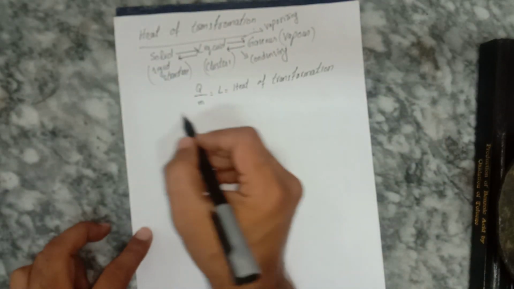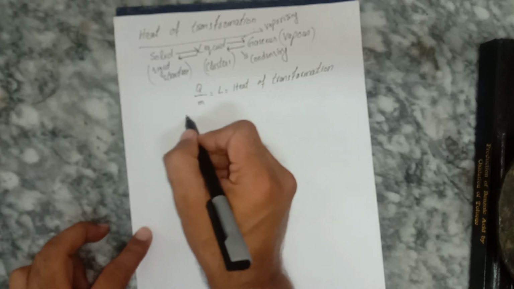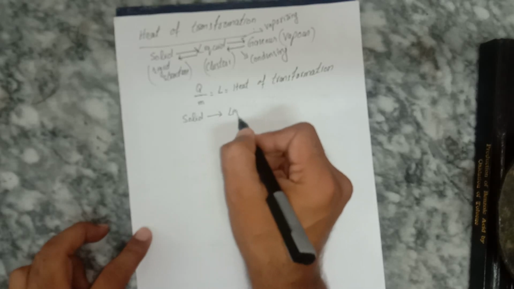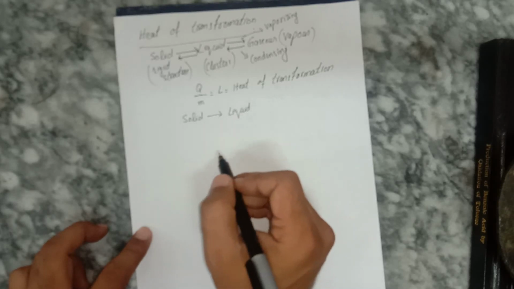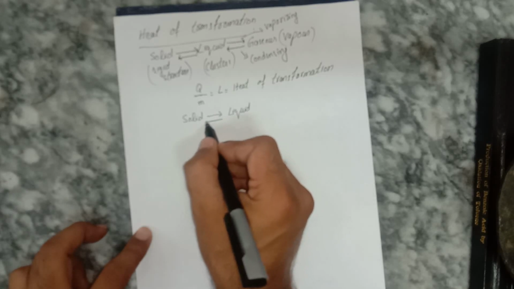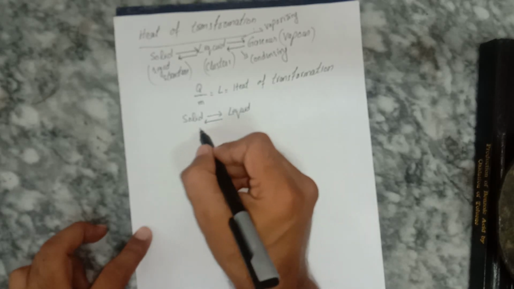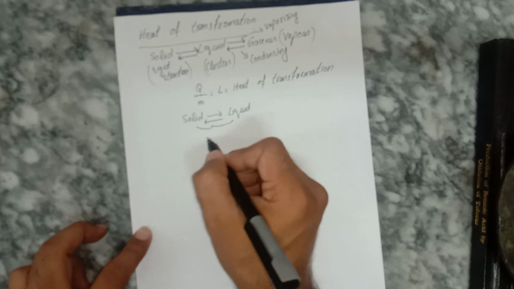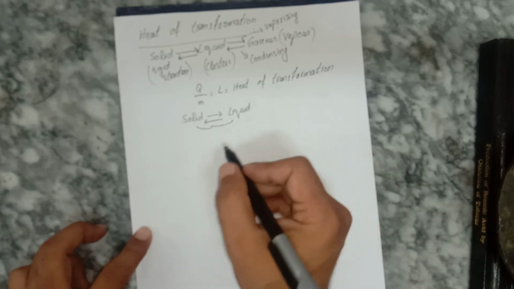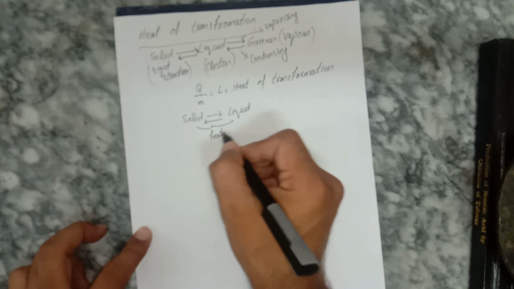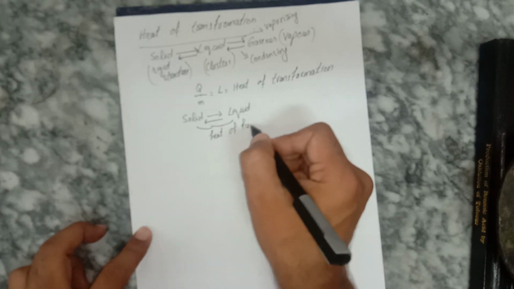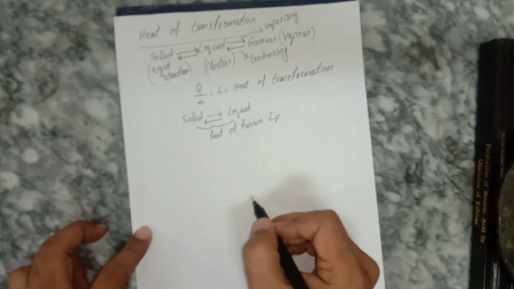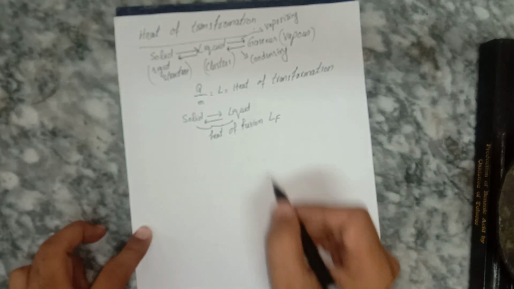When this transformation is from solid to liquid, we have to add heat energy, or it is from liquid to solid. This is known as heat of fusion, and it is represented by L sub capital F, latent heat of fusion.